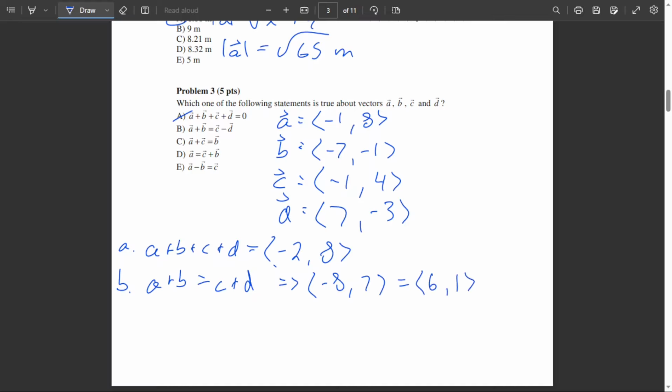So it's evidently not true. B is wrong. C is A plus C equals B, which then gives us A plus C is -2, 12, and B is -7, -1. So C is false.